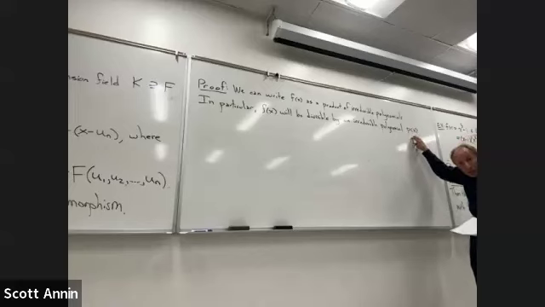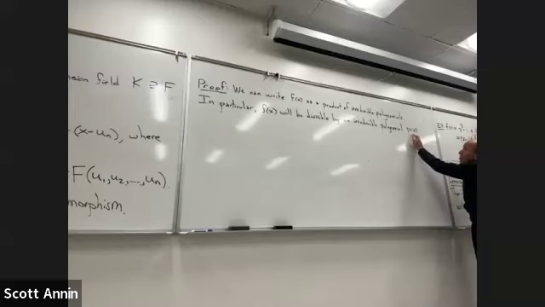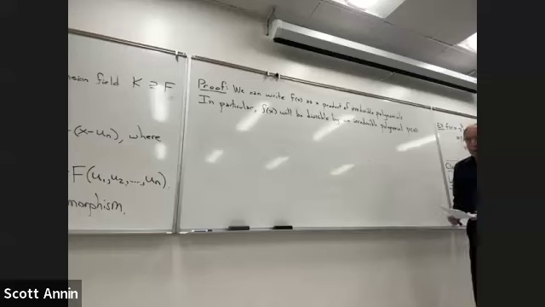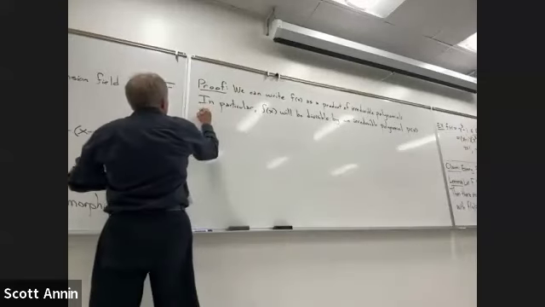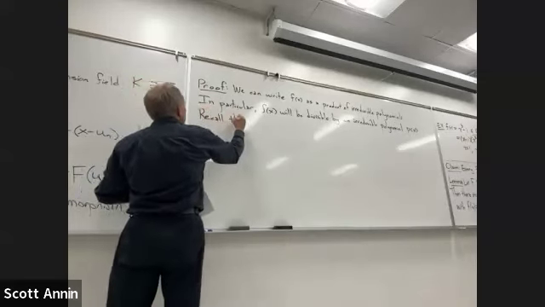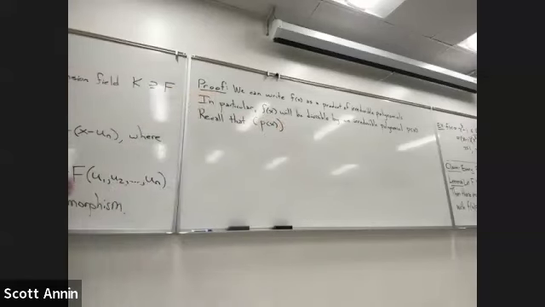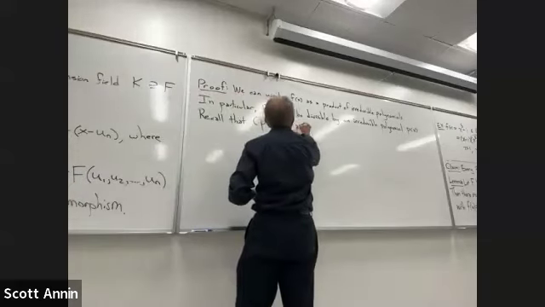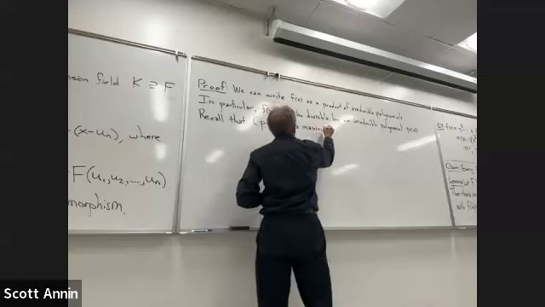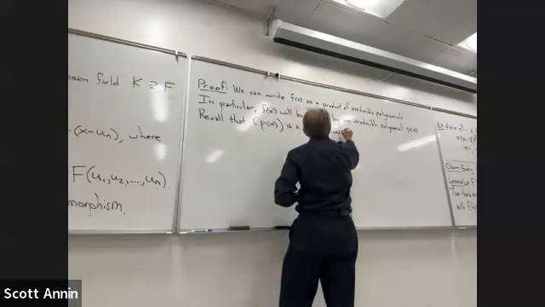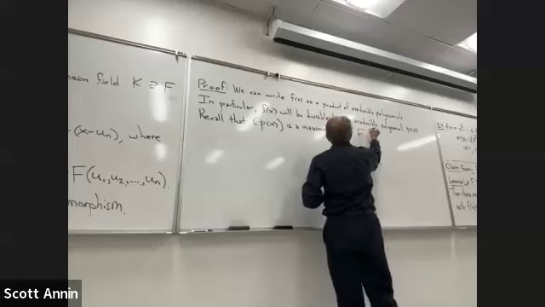And which ones are maximal? They're the ones generated by an irreducible polynomial. So recall that this principal ideal, which we write with parentheses around it, generated by p of x, is a maximal ideal of capital F of x.